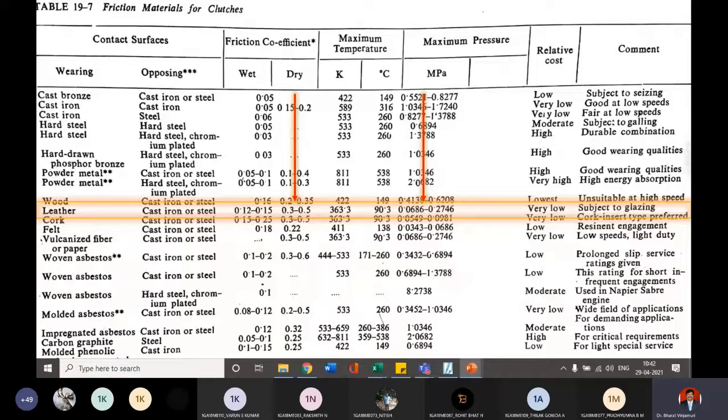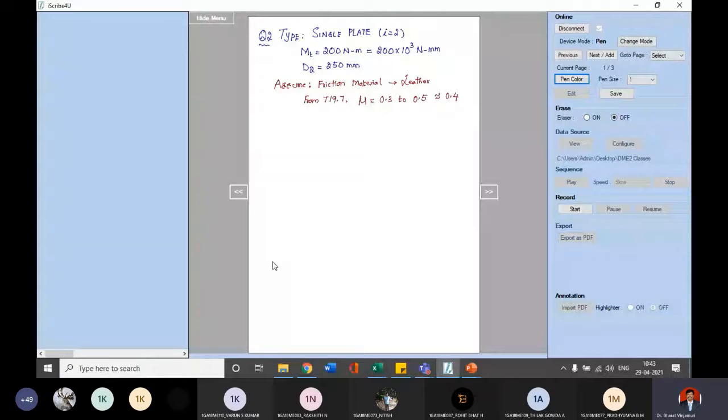The maximum pressure. It is ranging from 0.0686 to 0.2746 megapascals. I got this.